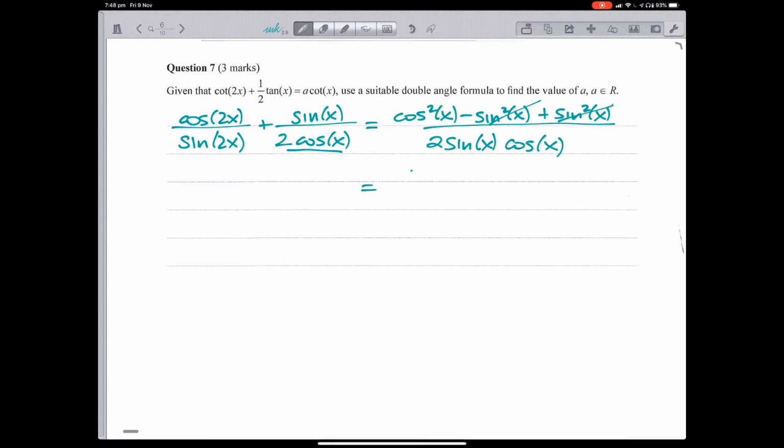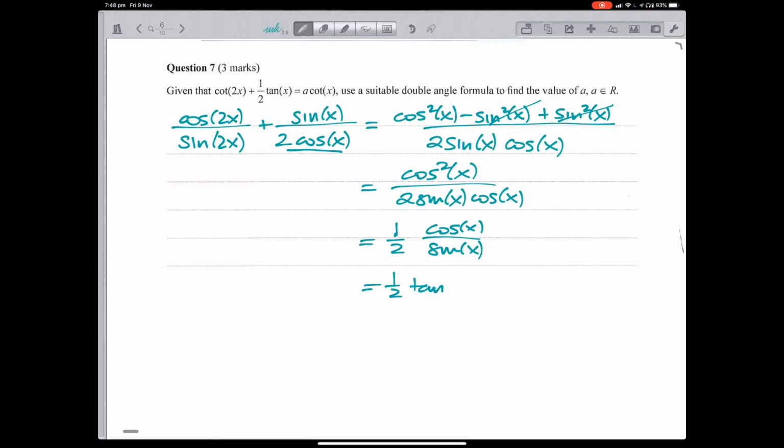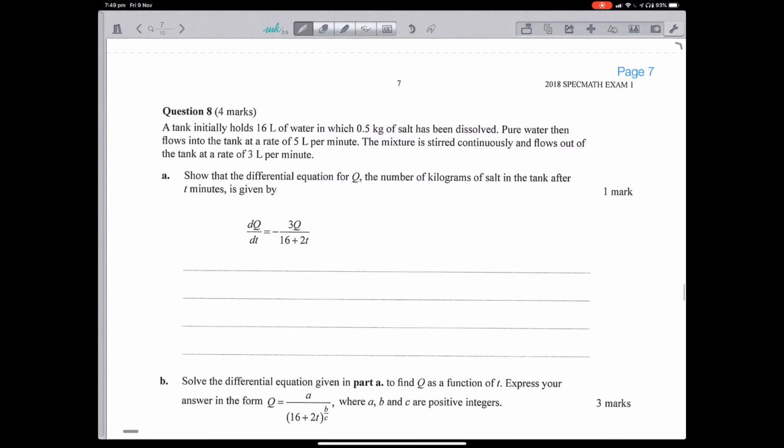Then I end up with cos squared x on 2 sine x cos x, which is a half cos x on sine x, which is 1/2 cot x. So therefore, A is equal to 1/2.